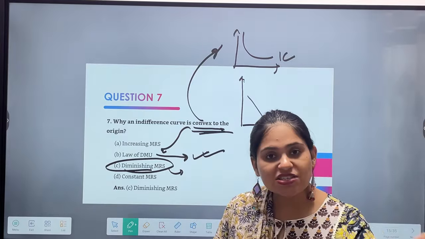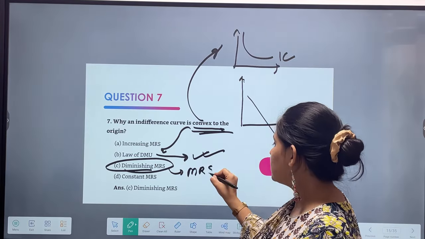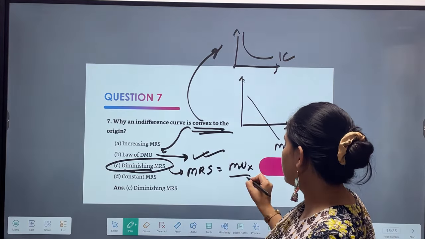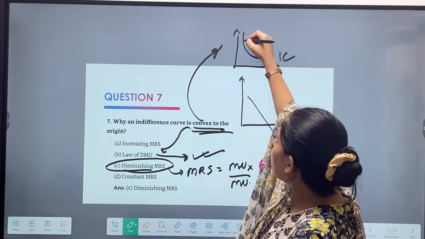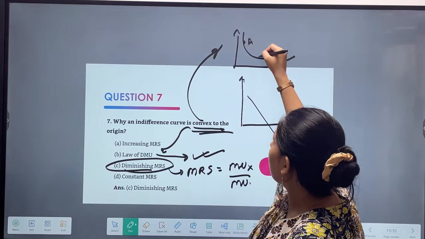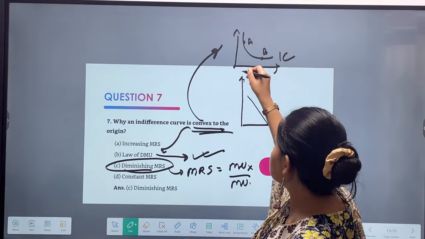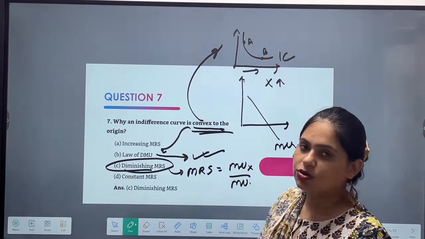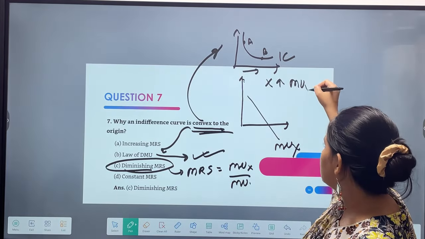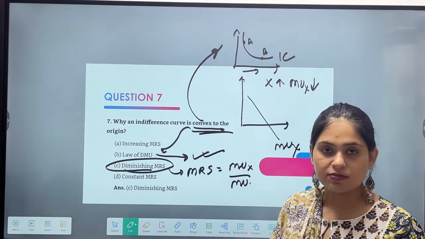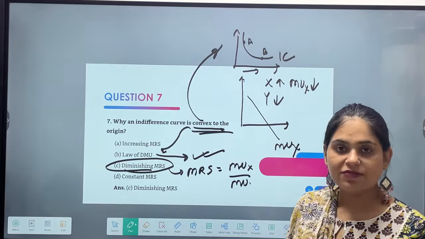So what is MRS? MRS is MUX by MUY. Now when you move from one point, say point A to point B, you are increasing the consumption of good X. When you increase the consumption of a good, its marginal utility should decline. When you go from A to B, you are decreasing Y. When you decrease Y, its marginal utility should increase.